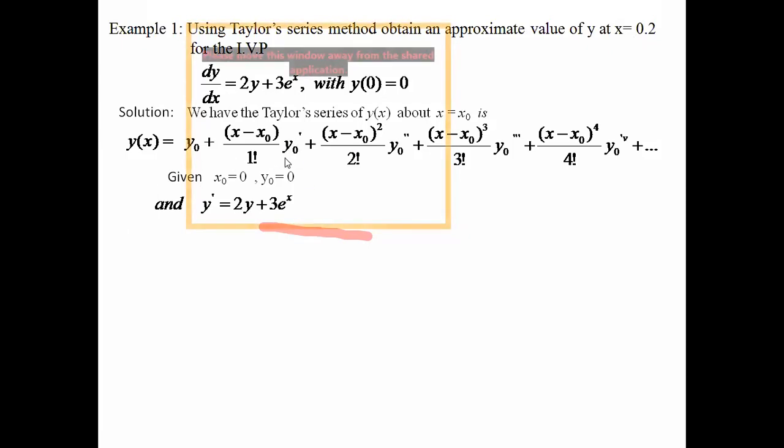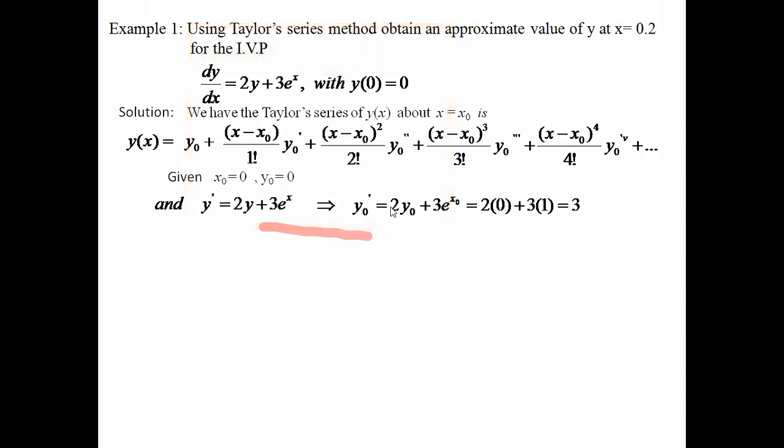What we need is this term y0 dash. y0 dash means the derivative of that function at the point x is equal to x0. That means whenever x is there in that relation, replace x by x0 and y by y0. So y0 dash is nothing but, in this relation, put y is equal to y0, x is x0.